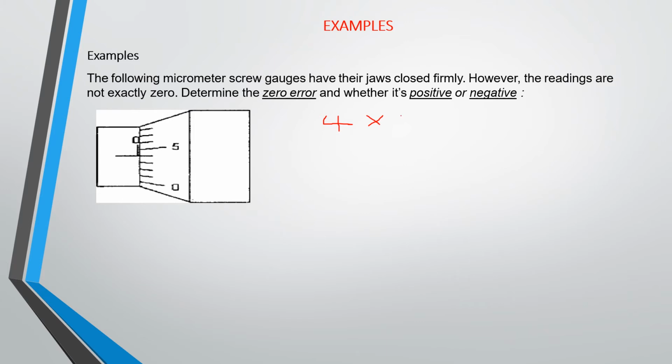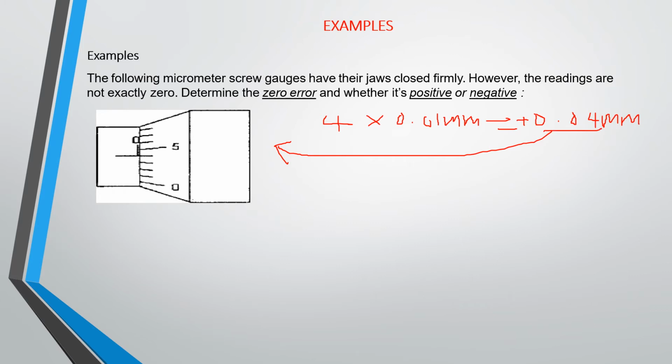This gives you the zero error of this micrometer screw gauge, and that is positive 4. Take note, that is positive 4. So this is the zero error for this micrometer screw gauge, 0.04 millimeters.